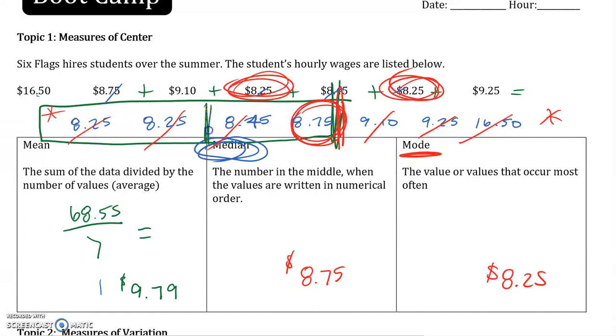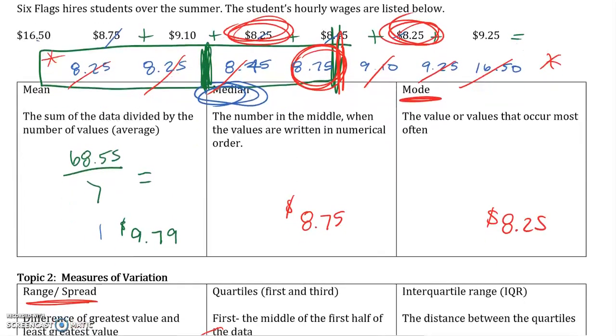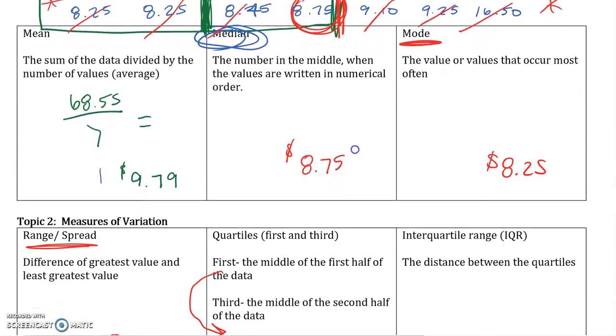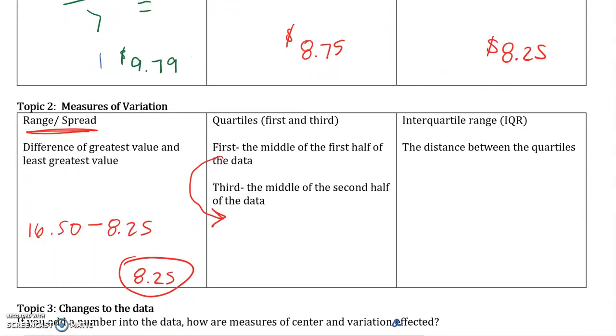Well, if I have 4 numbers, the middle has to be somewhere in there. So I'm going to calculate an average. If I had 5 numbers, I would just pick the number that's in the middle. But so I have to do 8.25 plus 8.45 and then cut that in half to find the true middle. And again, your calculator can do your work for you. It's 8.35.